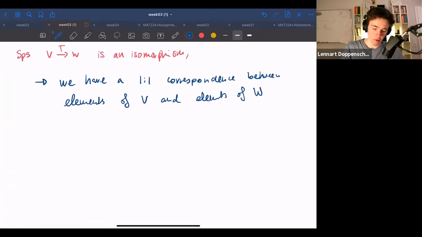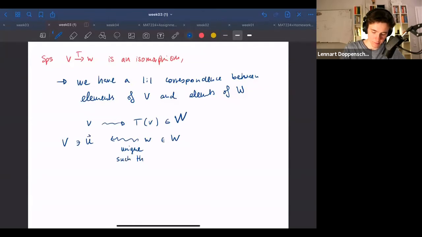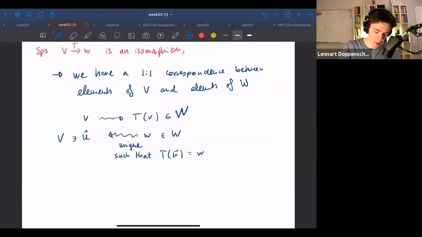And moreover, V is related to T of V, which is in W. And if we have W in W, then there's a unique U in V such that T of U is equal to W. So basically what this graphic should be telling you is that you can go back and forth however you like.